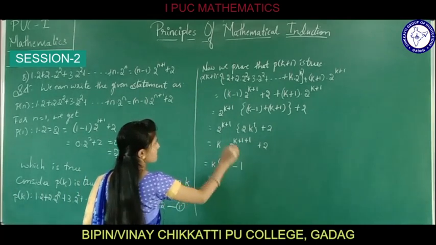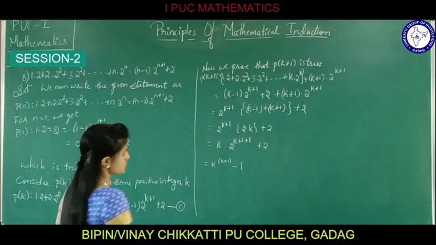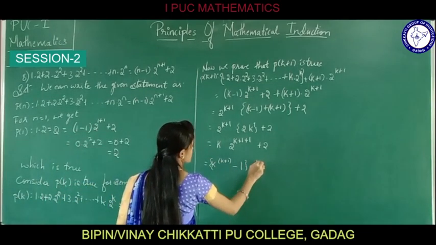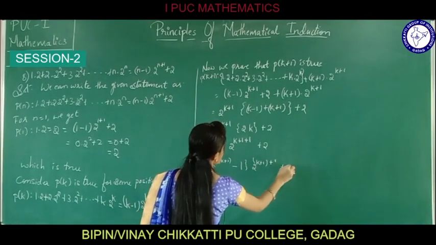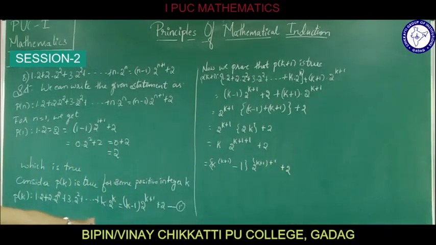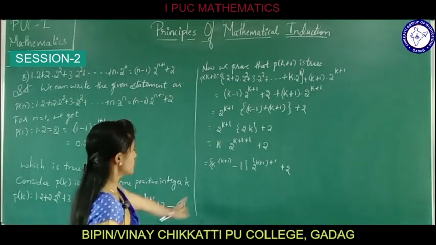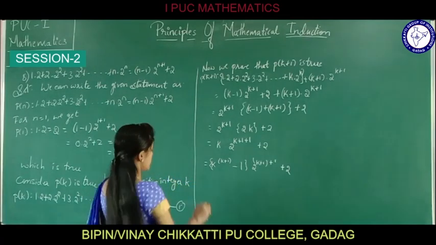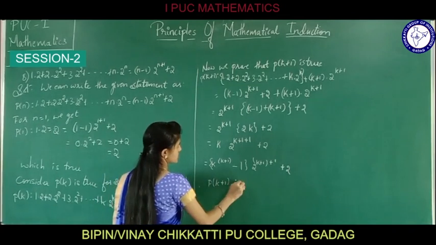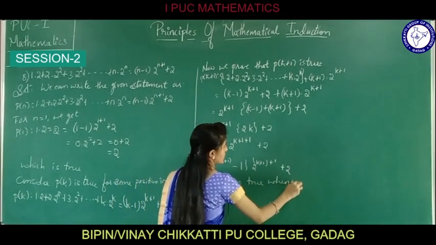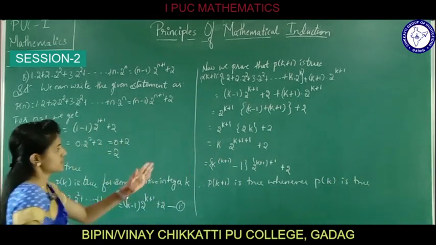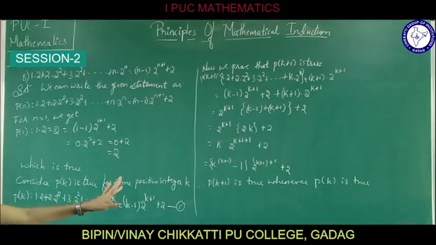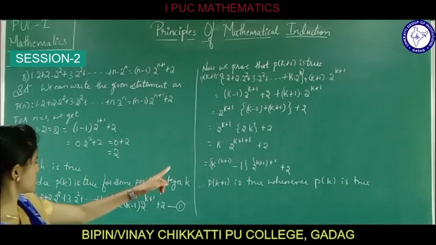This can be further written as k raised to k plus 1 minus 1, 2 raised to k plus 1 plus 1 plus 2.